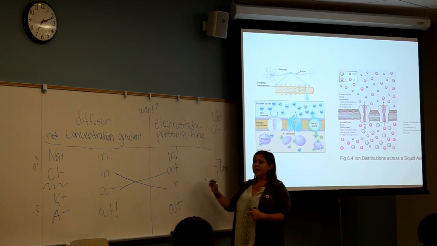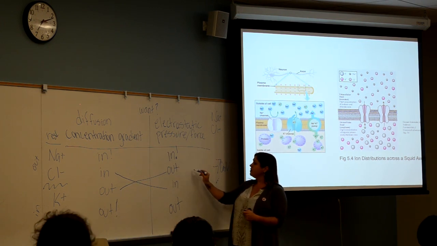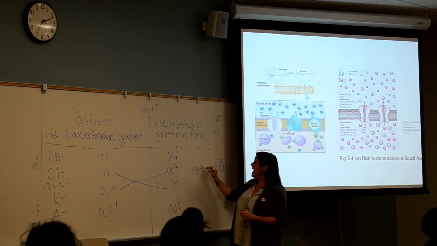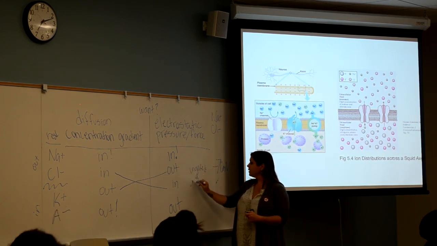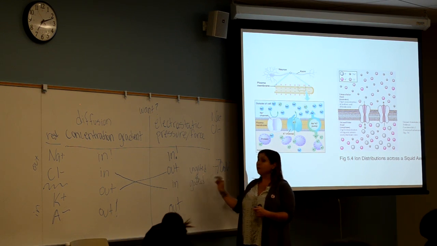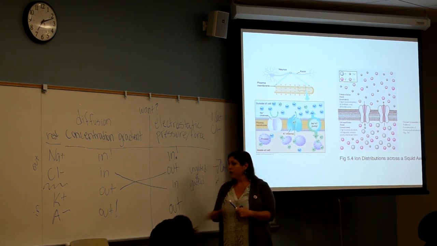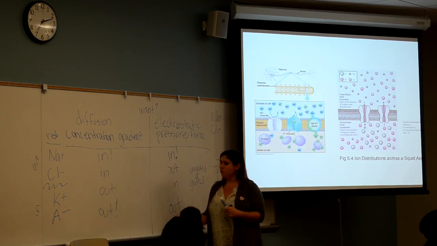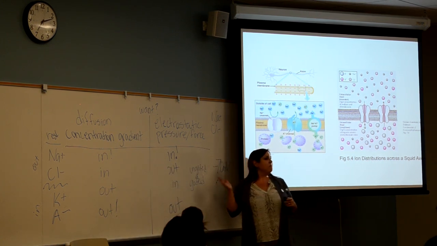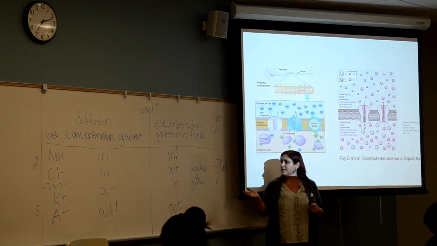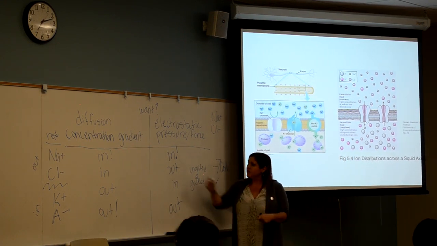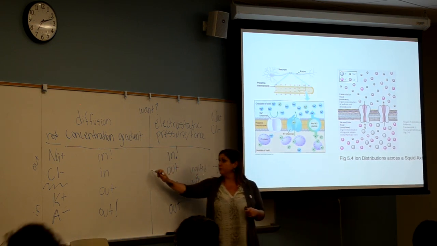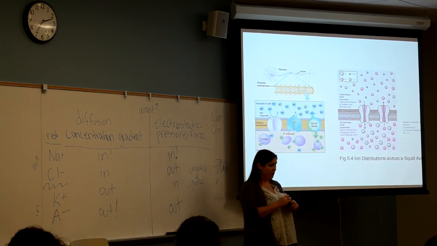Both chloride and potassium channels have ungated and gated channels. Some are gated, some are ungated. But it doesn't matter too much for the cell at rest because these two forces are going in two different directions. So the things tend to stay where they are.